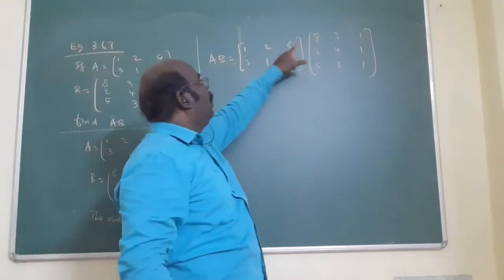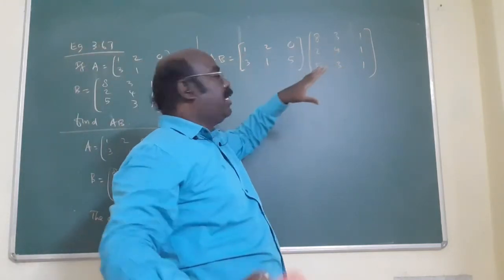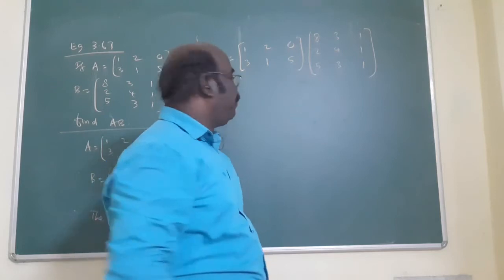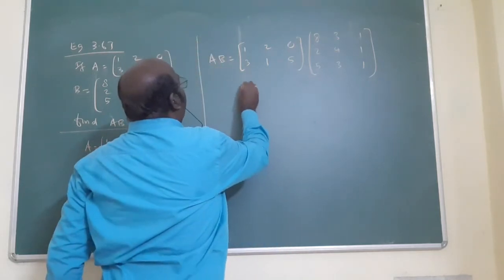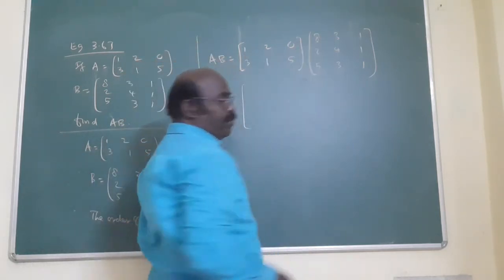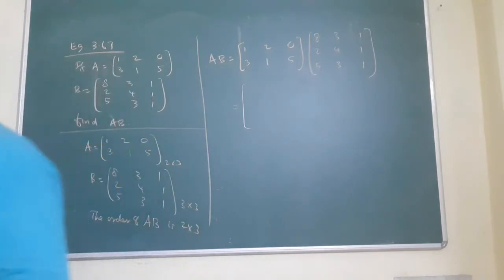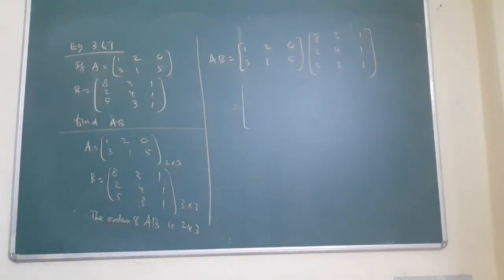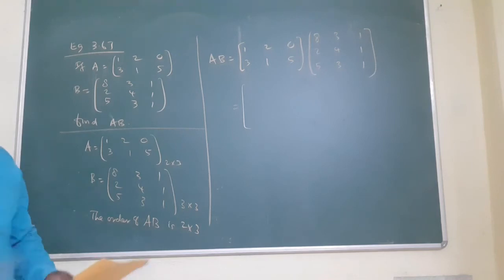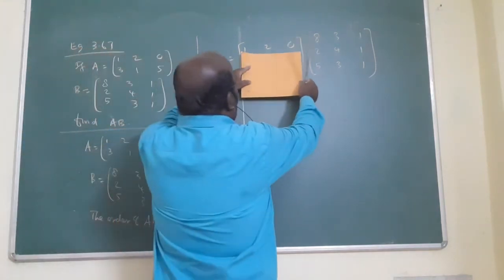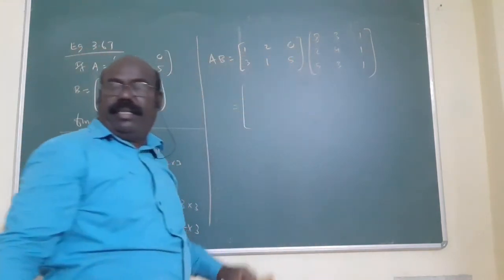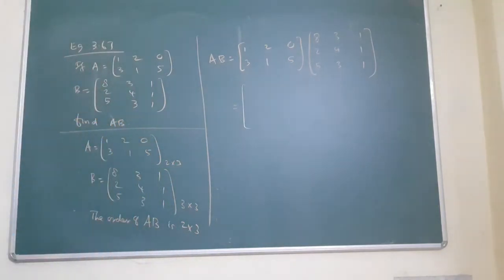But here it is not like that, it is multiplication, a special case. Consider first row, first column. First row, first column. Consider first row, first column. First row. Am I right? The remaining will be removed.